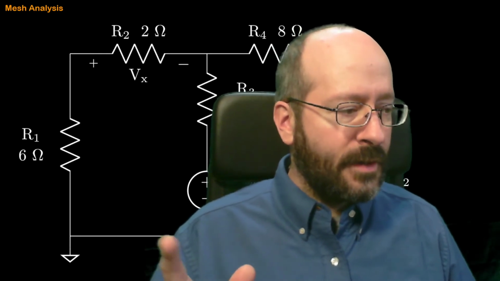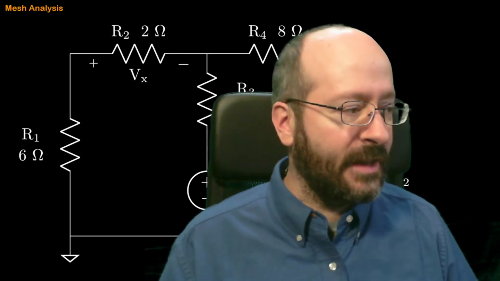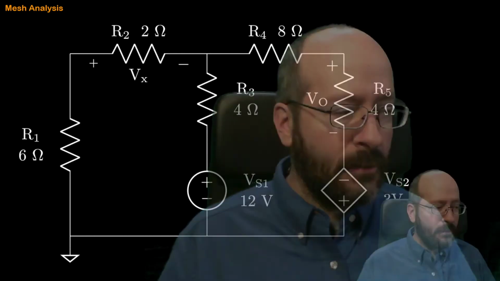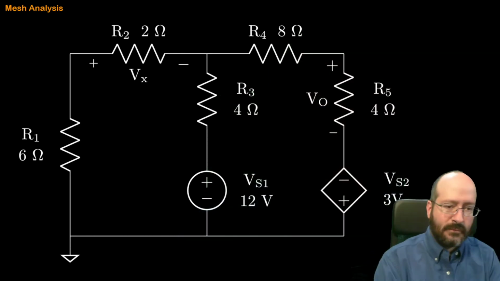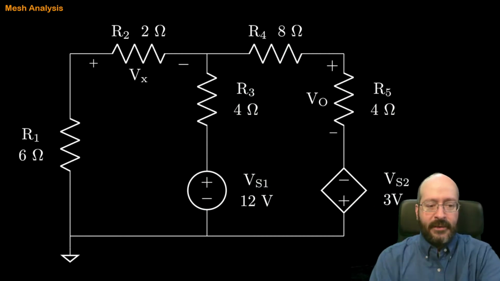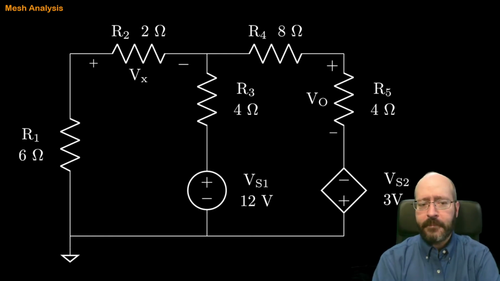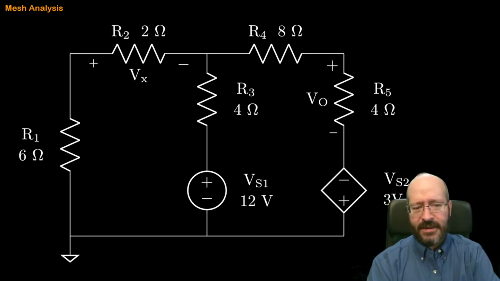Here's an example from a later video. I'm going to do this one in a later video, but right now it might be a little intimidating. We have a dependent voltage supply. Look at the inside. It's a voltage supply, and there aren't many things in series and in parallel that we can combine.